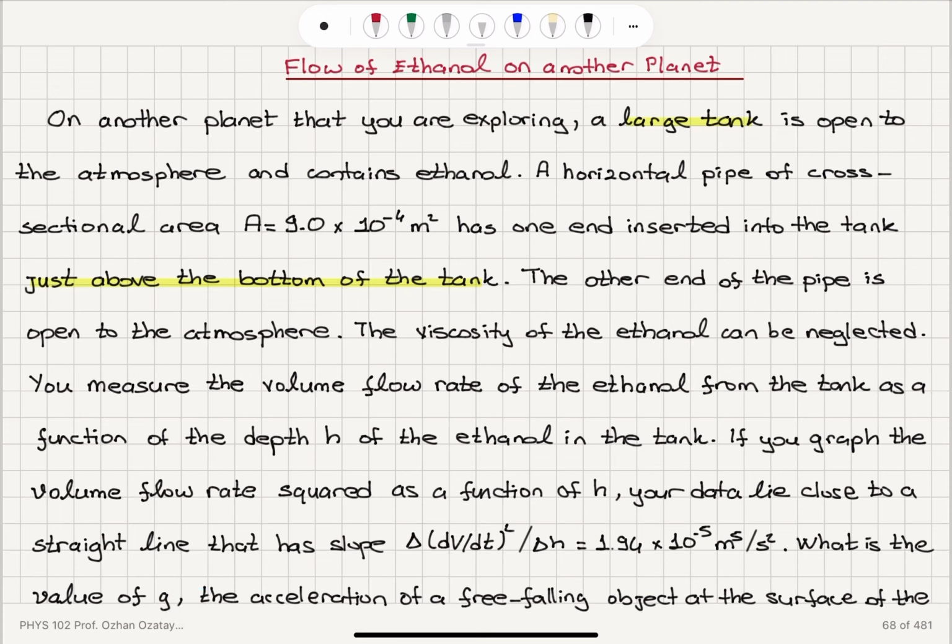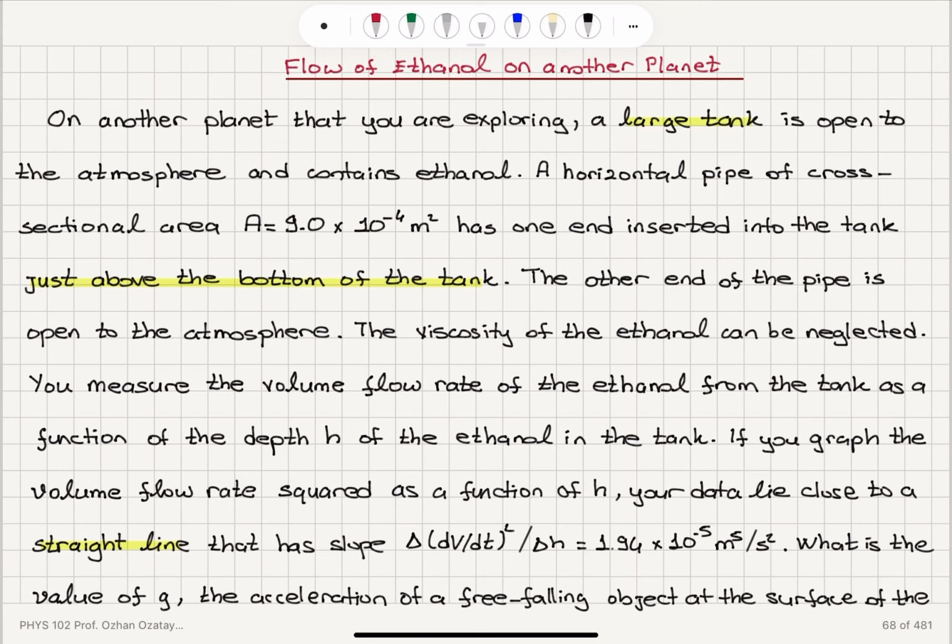The viscosity of ethanol is neglected, so we don't have any friction here. We measure the flow rate of the ethanol from the tank as a function of depth, and we graph (dV/dt) squared as a function of h, and we find that there's a constant slope. It's a linear straight line. The result is a straight line, and the slope is given here.